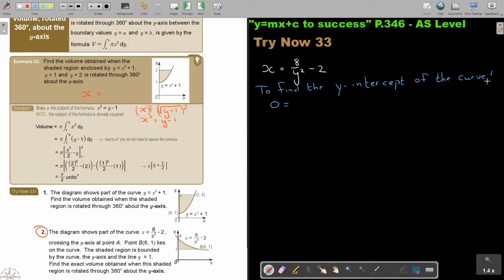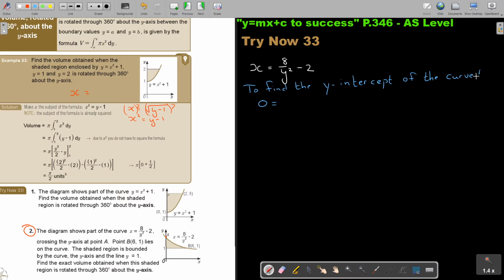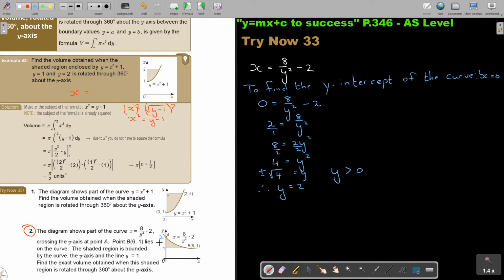So it's going to be y equals plus or minus, but if you look at this case, it's above, so y is bigger than 0, therefore y is equal to 2. So that value there will be 2.